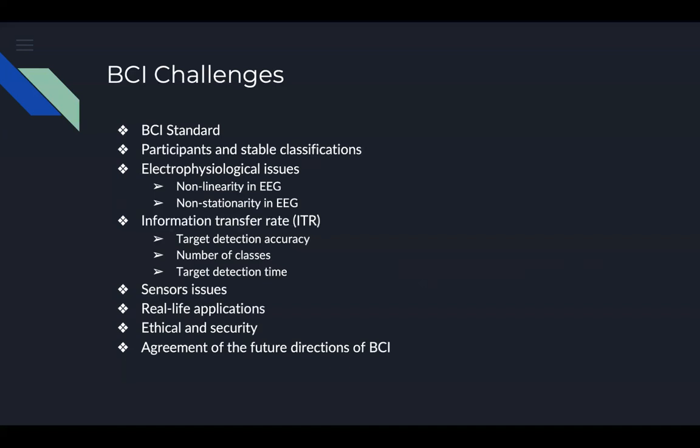Nobody has a complete understanding of the complete functionalities of the brain, because every brain is different, and we couldn't design a single modality for the brain. So the first point is the BCI standards: because of that complexity, we couldn't create any standards for the BCI.